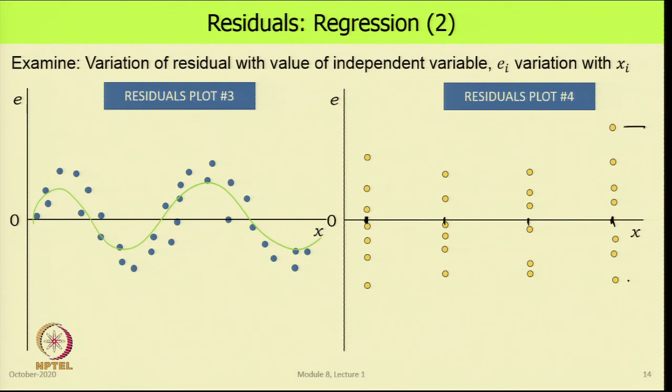So, first thing is the band. If the upper limit and the lower limit are comparable, that is nice. If they happen to be that all of them lie like this, then we know we have a problem. The second is, if you look within these, if we find that they are all equally distributed and random, there is no order from this to this to this to this, then also we are doing well.